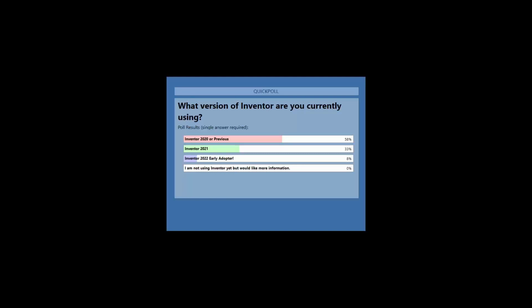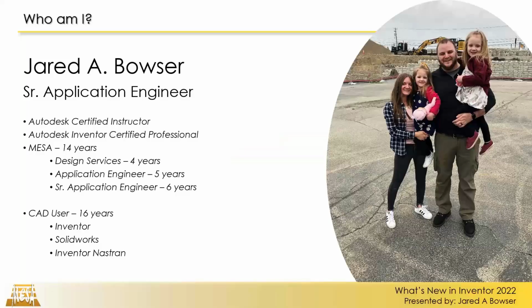Right around 33%, or a third, are using Inventor 21, and we have a handful of early adopters. 8% of you are already working in the 2022 release. So that's good. Hopefully we can show you some things today and make you excited about getting up to the current version of the software, the 2022 version. Let me get back to my screen there.